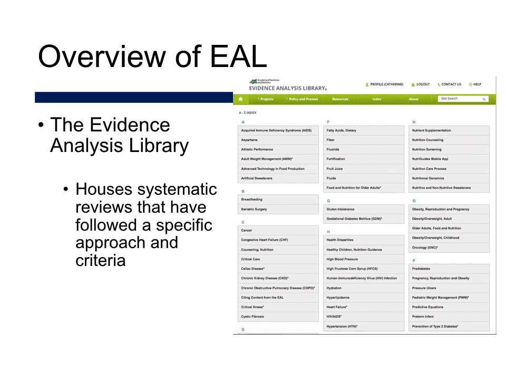Think back to our discussion of the process of a systematic review. The Evidence Analysis Library houses systematic reviews that have followed a specific approach and criteria, and it synthesizes these reviews.